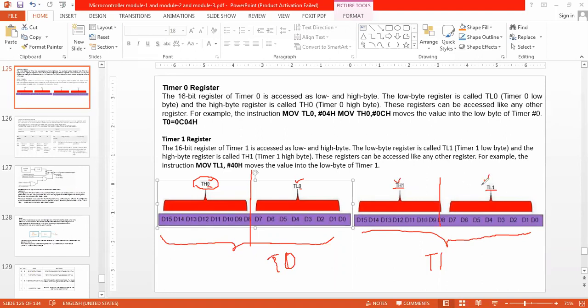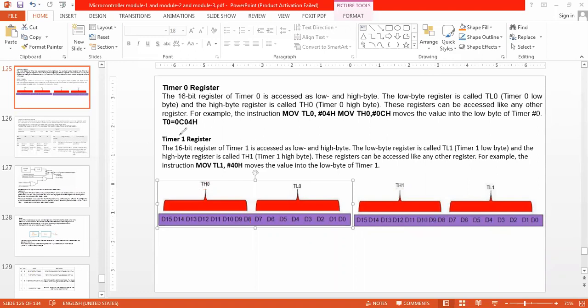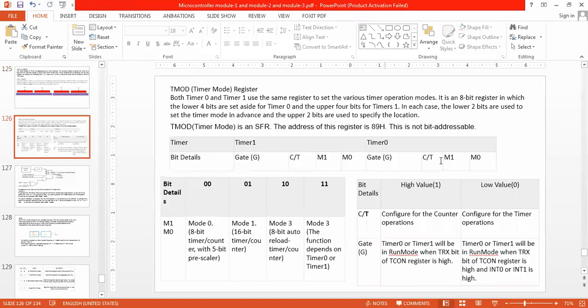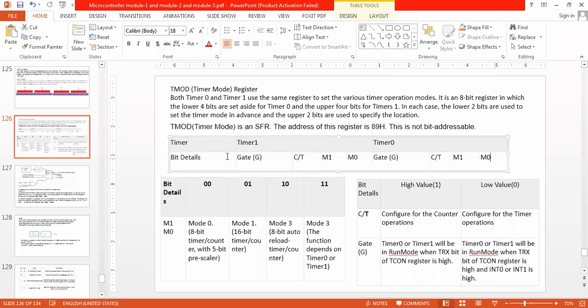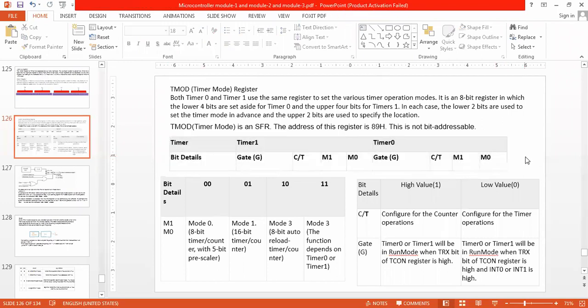Yesterday we have already discussed this, and also what a TMOD register is. Now we will see in depth what a TMOD register is.